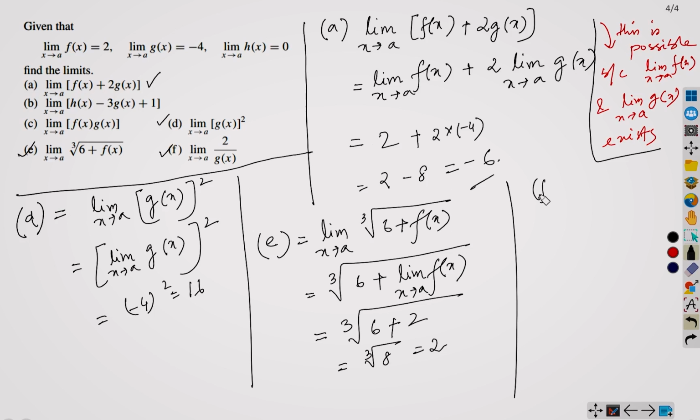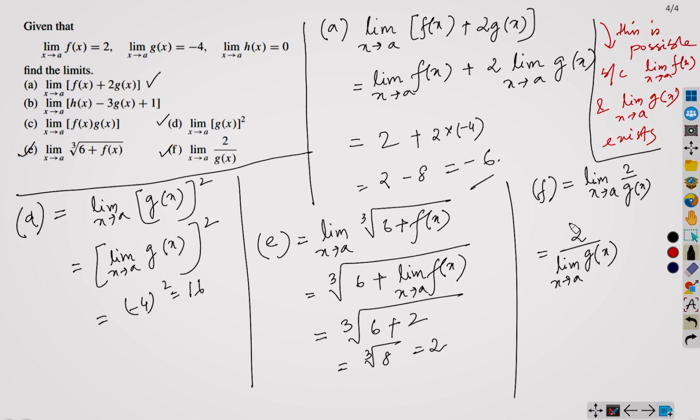Final one. The limit as x tends to a of 2 upon g(x). Since the limit exists, and here there is a story actually.